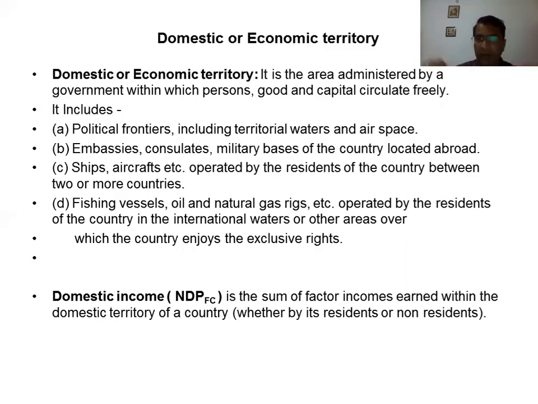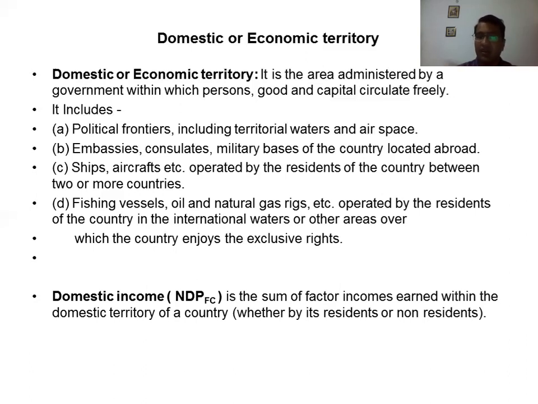The income earned by this domestic territory is called domestic income. Net domestic income, or NDP, which is earned within the domestic territory of the country, is called domestic income. It means all factor income earned within the domestic territory of a country is called domestic income. So domestic income is related to the place.